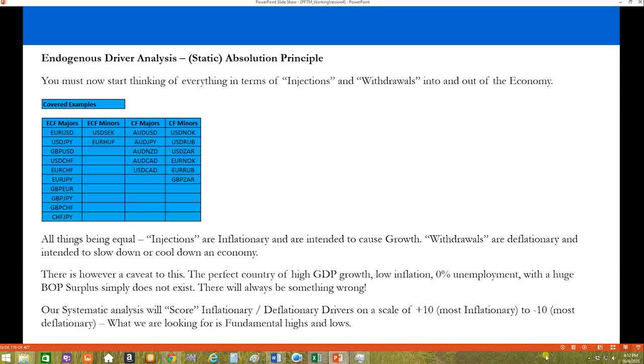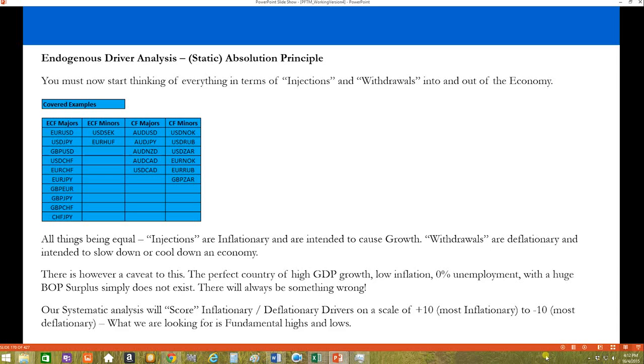But there is a caveat to this, and a caveat to this whole process. The perfect country literally does not exist. So if you're looking for the perfect situation to go long or short, just let me tell you now, it never exists, because the perfect country doesn't exist. What is the perfect country?